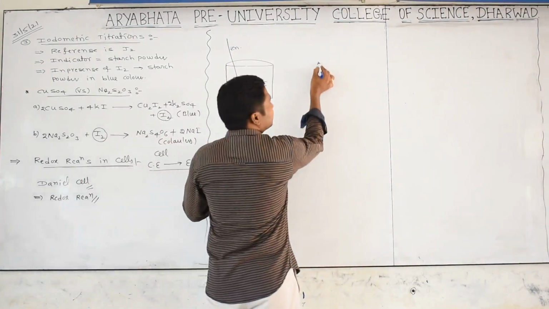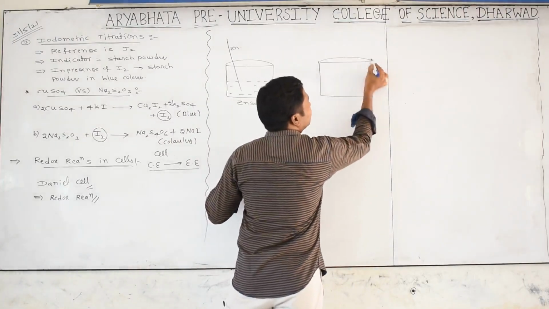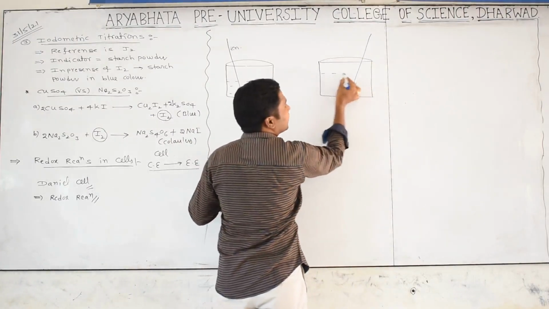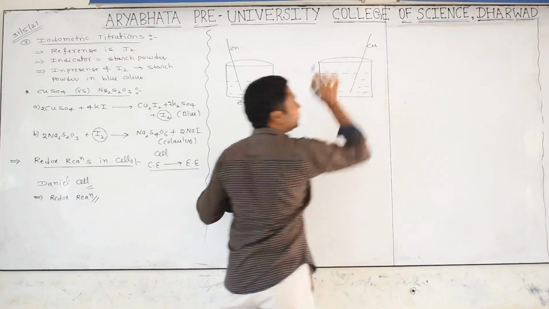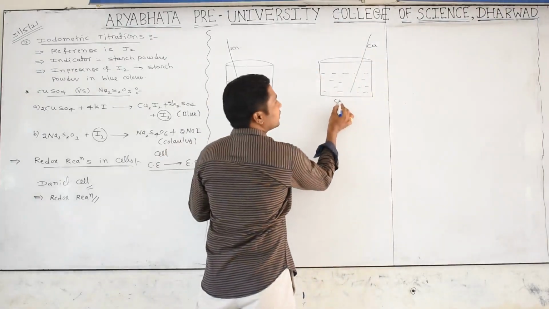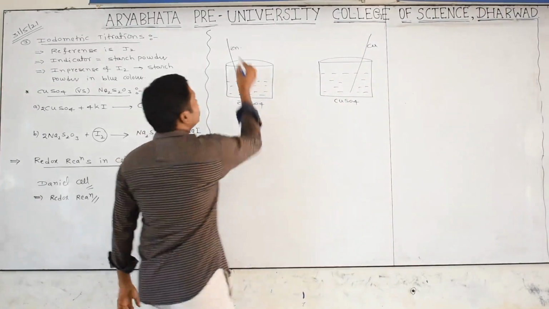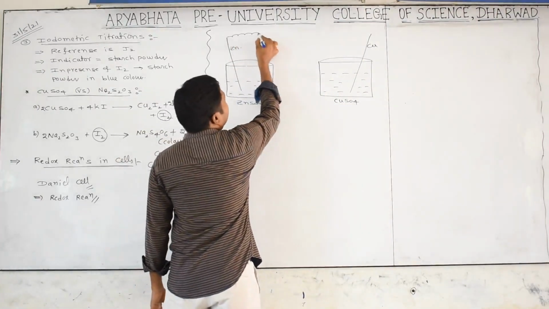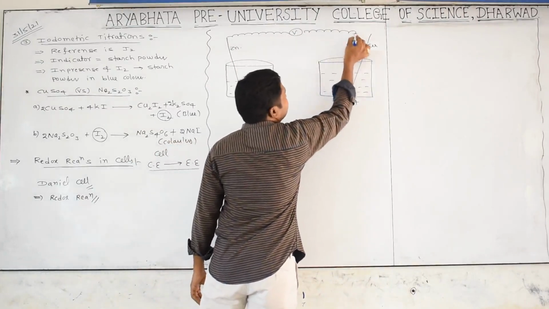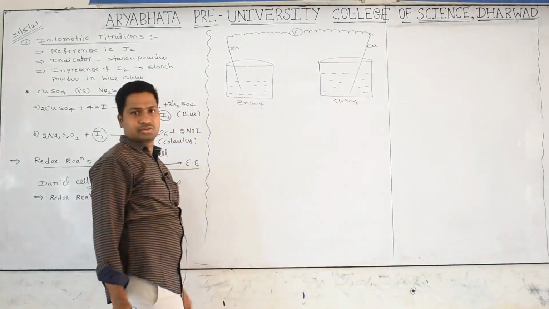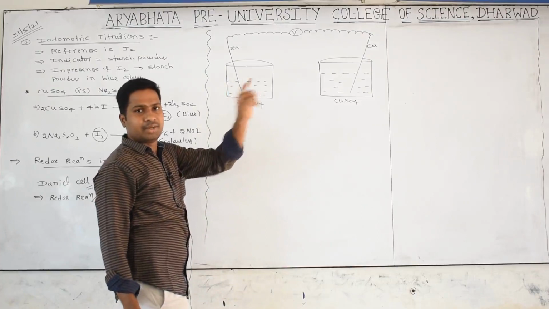Similarly, we take one more container, or beaker, and there we take another rod, a copper rod, dipped in its corresponding salt solution, copper sulfate solution. Those two rods are connected externally with copper wire through a voltmeter for detection of the flow of electrons. Whether electrons are produced or not, we can feel a deflection in the voltmeter.